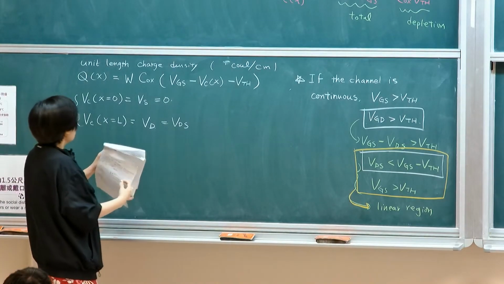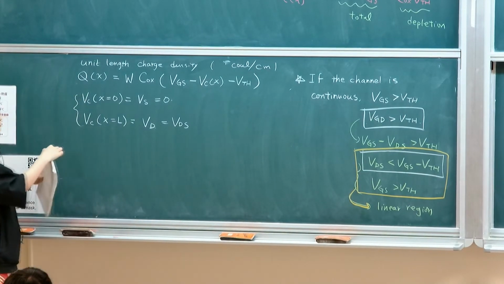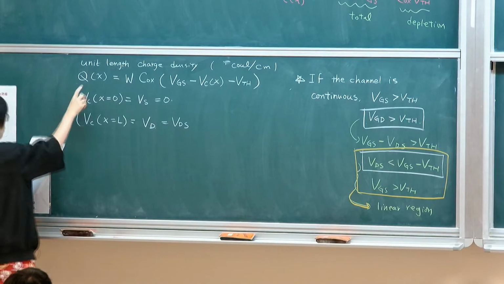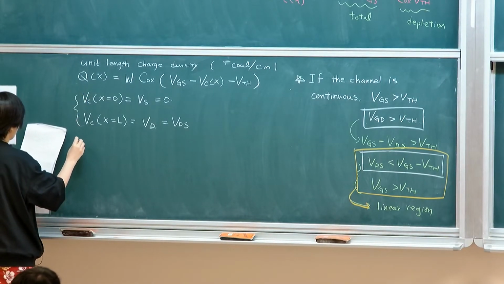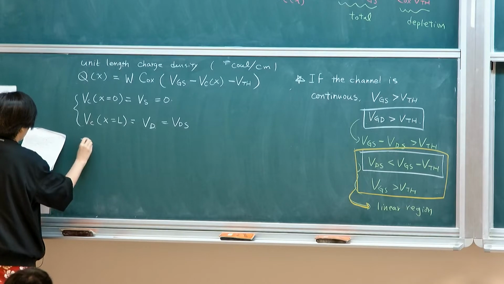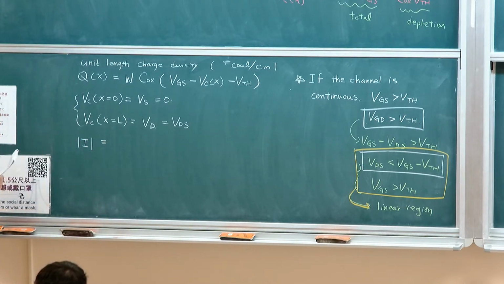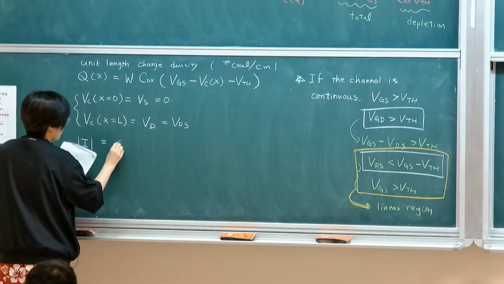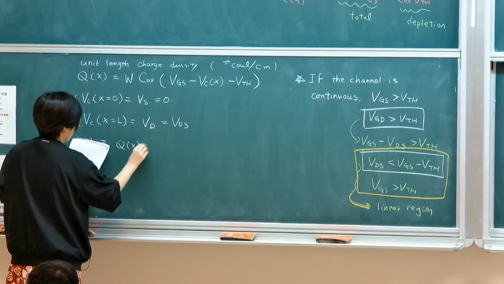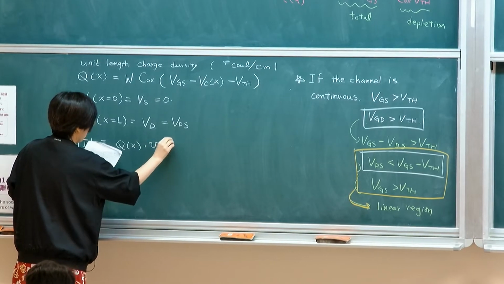And then the next thing we do is to do an integration. So the total current can be written as: current will depend on the amount of charge times how fast they move.